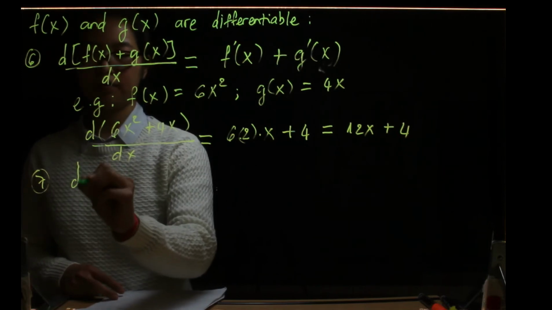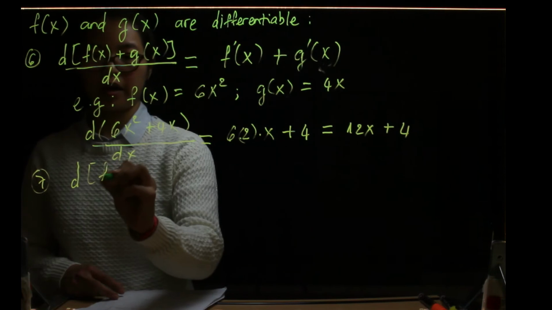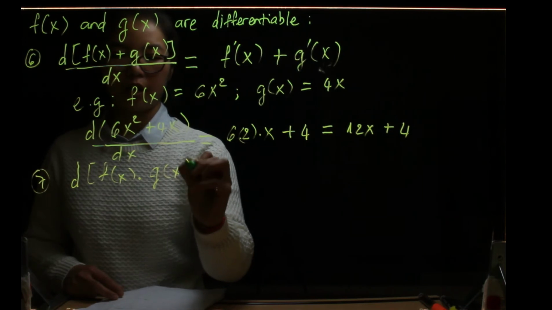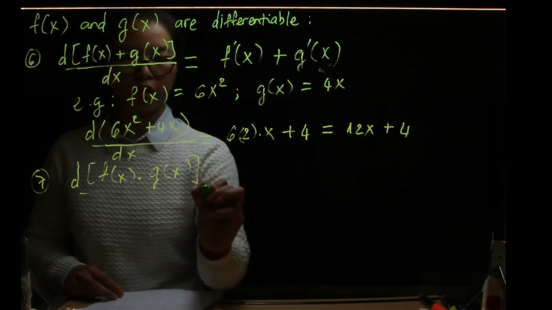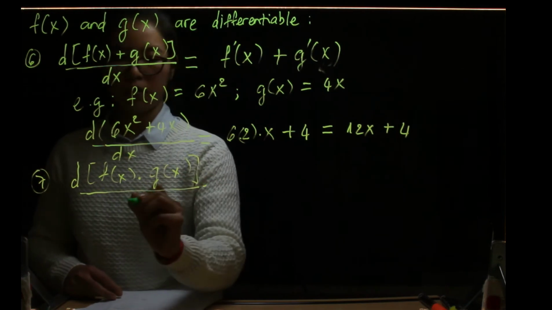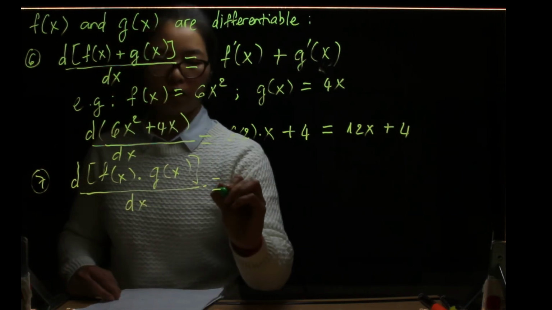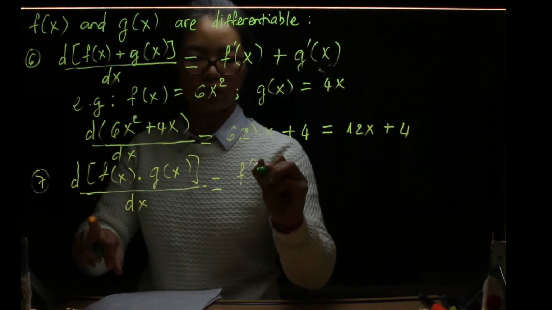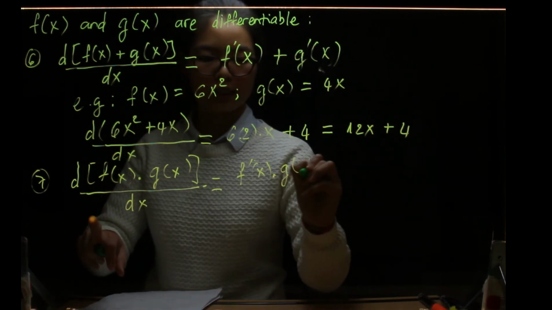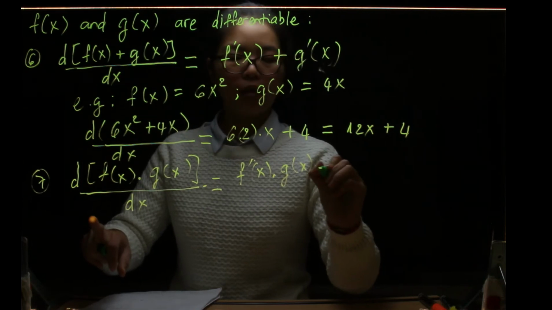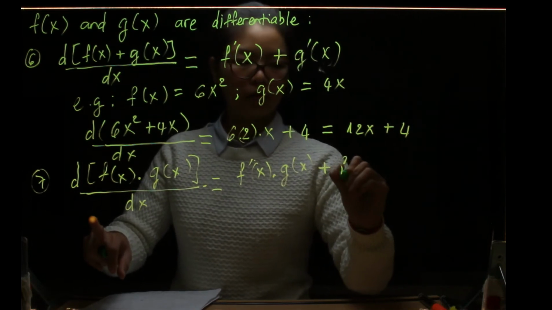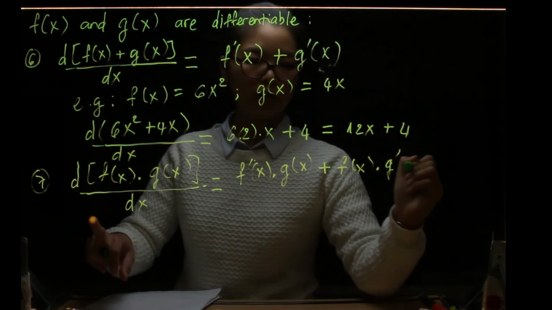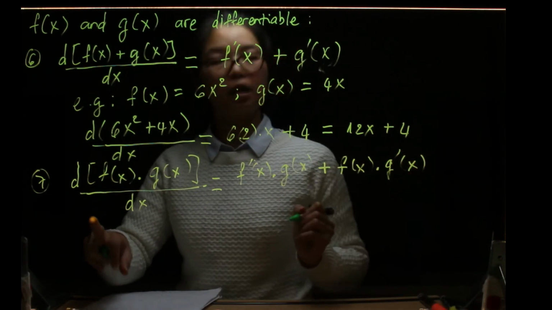So the derivative of f(x) times g(x) with respect to x will be, watch out, the derivative of the first function times the second function itself, plus the first function itself times the derivative of the second function. So that's how it goes.